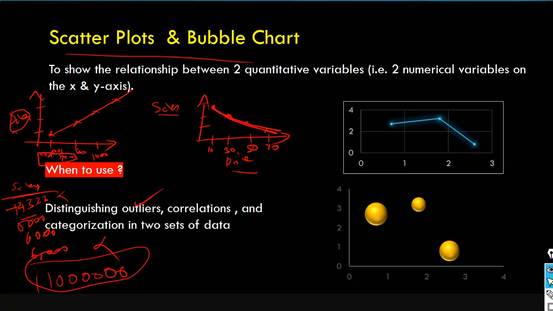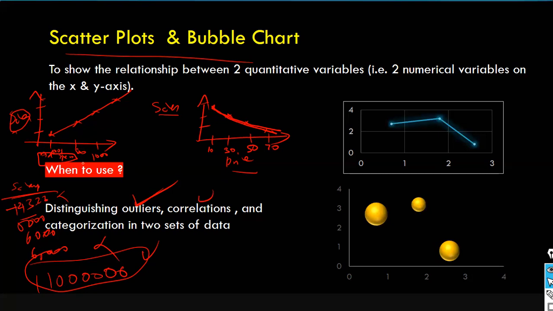There is a sudden peak in sales on that specific day. That is valid data, but it is called an outlier, because compared to other data, this data is too high. So using a scatter plot and bubble chart, you can find the outliers.